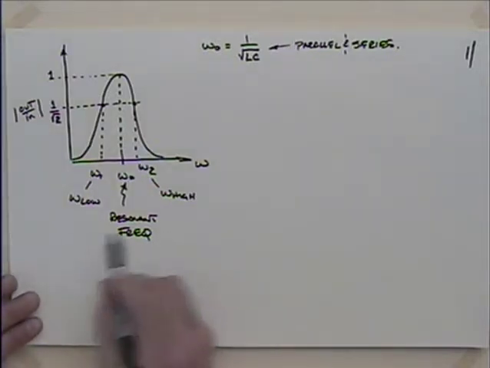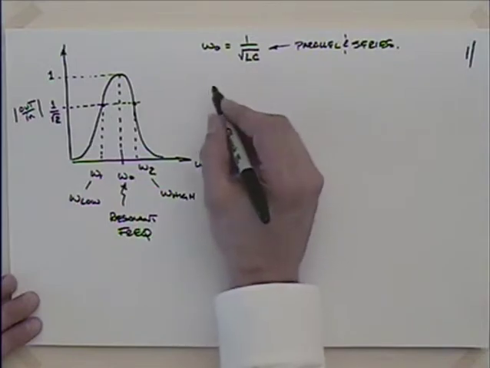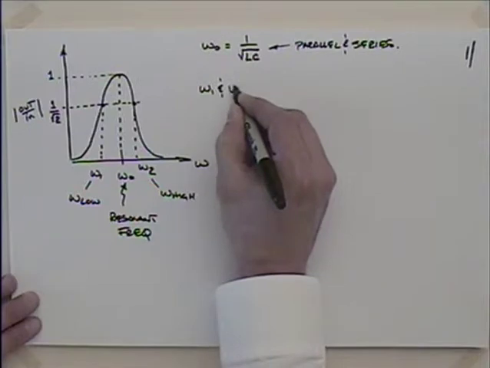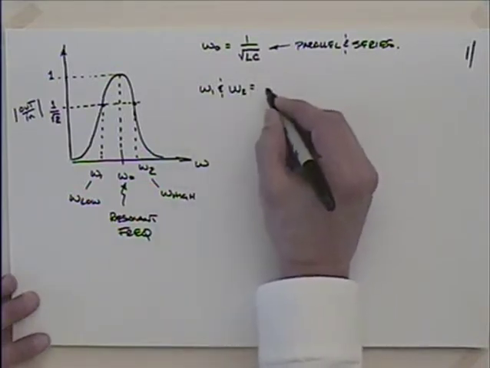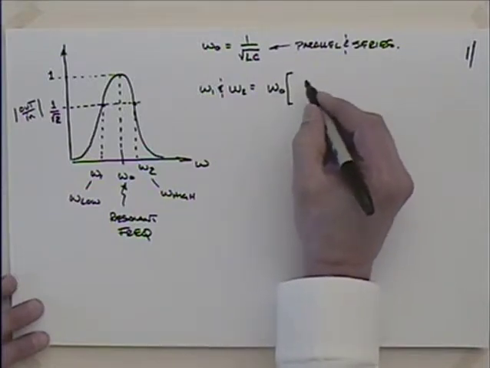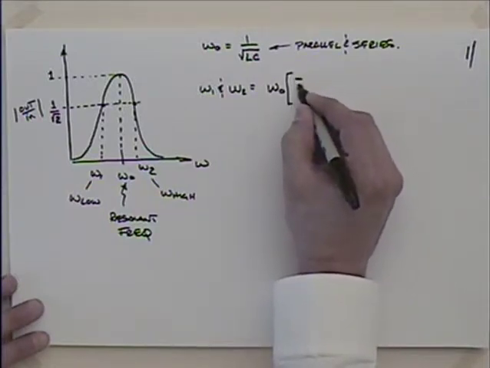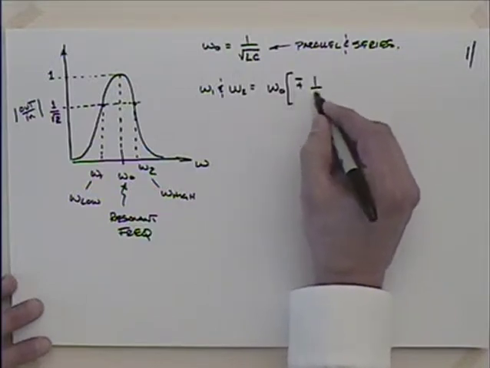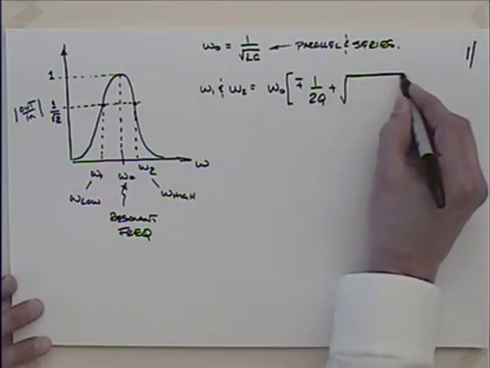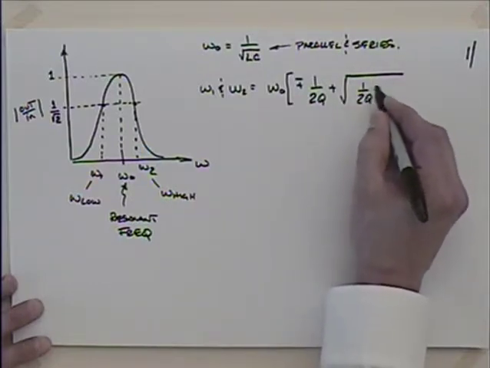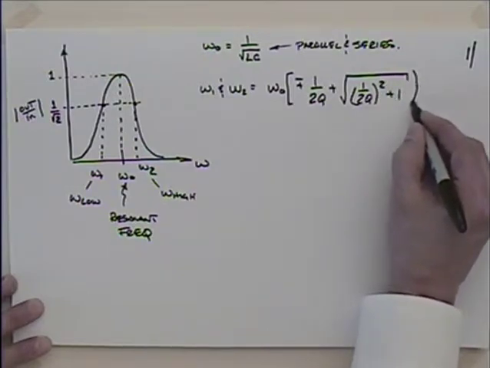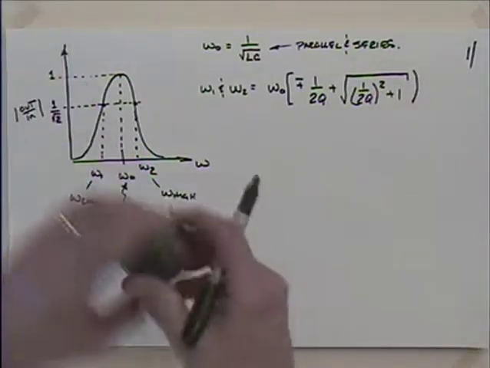Well, let's talk about the calculation of some of these. And again, we could talk about omega 1 and omega 2. That's equal to omega naught, the resonant frequency, times this factor: minus and then plus 1 over 2Q, plus the square root of (1 over 2Q) squared plus 1.